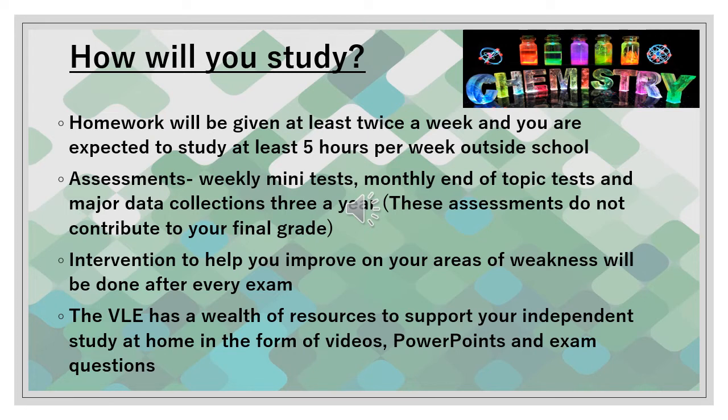And we will be doing weekly mini tests and end of topic tests as well, every maybe 4 to 6 weeks, and these will generate a grade for you, and then using that we will provide intervention and support and help you to go over your areas of weakness and improve that and get the grade that you really deserve. And obviously there's lots of stuff that we do provide online that will help you. So the PowerPoints we use in lesson, the videos, exam questions, extra questions on top of that. So there's no reason why you can't be successful, just requires a bit of dedication and perseverance.